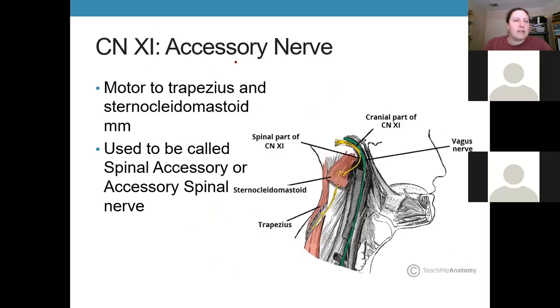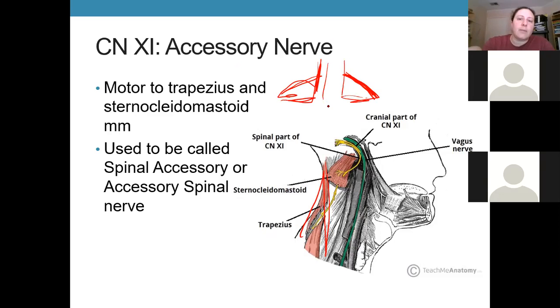And then the accessory nerve, or cranial nerve 11, is actually just controlling 2 muscles in your neck. So the trapezius muscle is that muscle at the back of your neck. So you know how people have, when they work out, especially guys that work out a lot, and they get that stacked look to the top of their shoulders? That's the trapezius muscle.